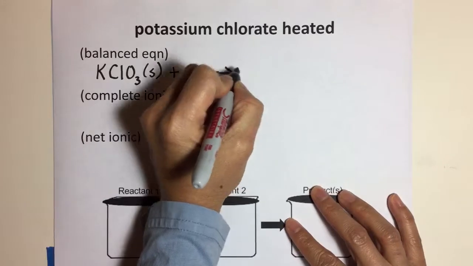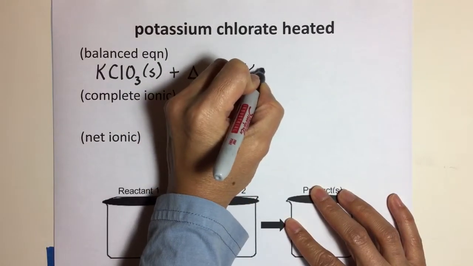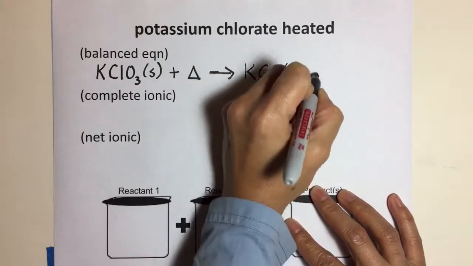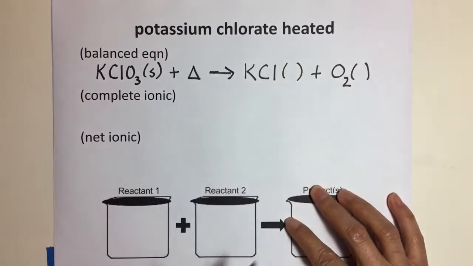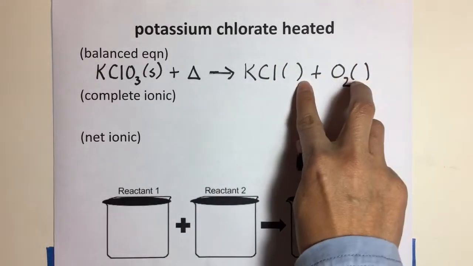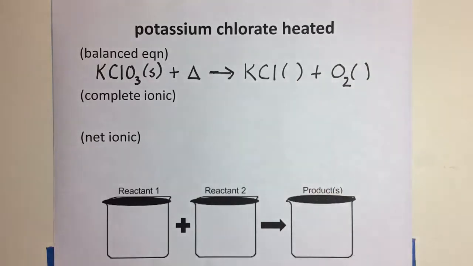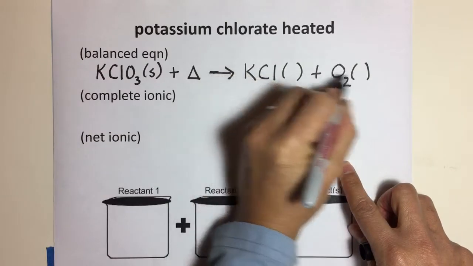So here's my metal chloride, state of matter, and then here's my oxygen. Again, state of matter, because we need to know whether the physical states are driving forces. So now I go to the next one, which is to look at the substances.